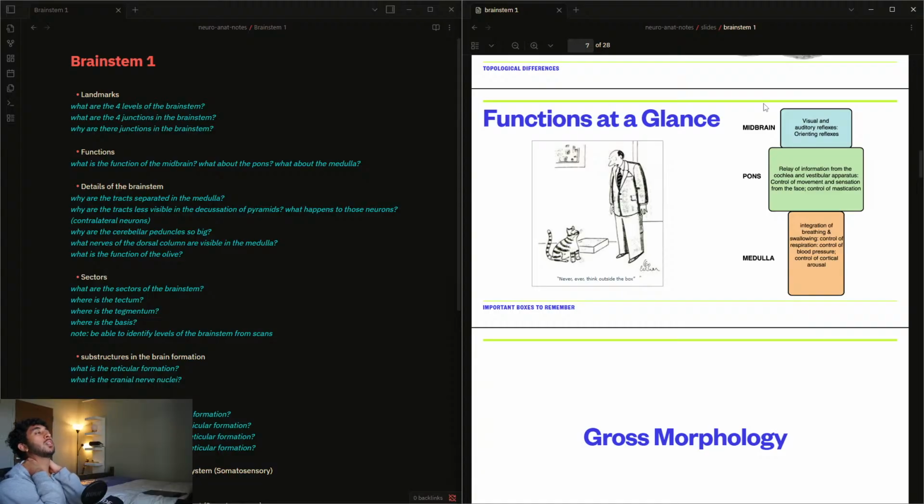Pons is movement, midbrain is reflexes, medulla is basic vitals. So we have reflexes, movement and sensation, and basic vitals. Okay, let's move on.